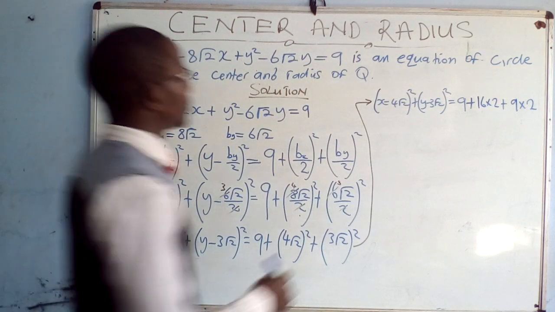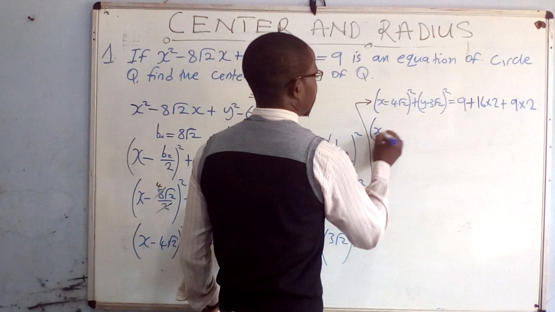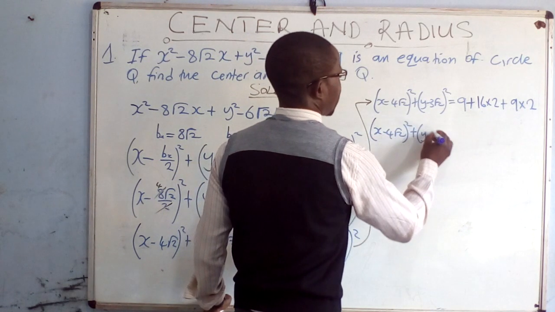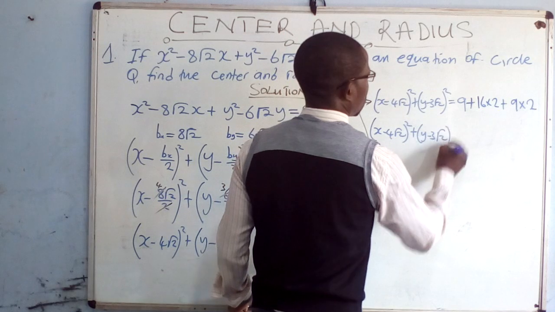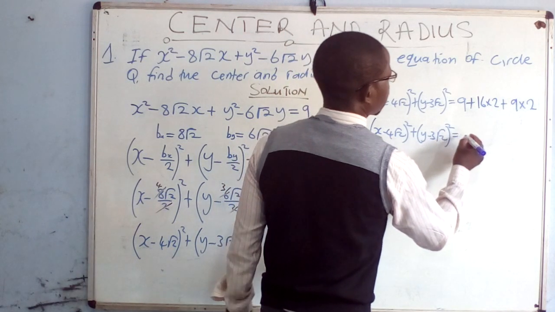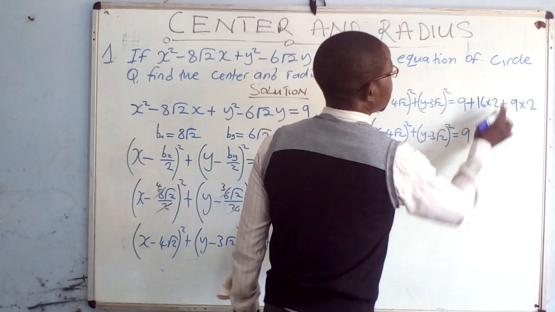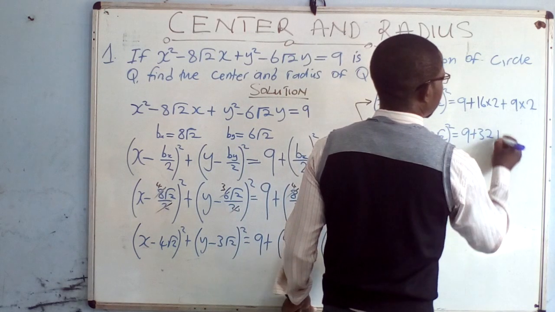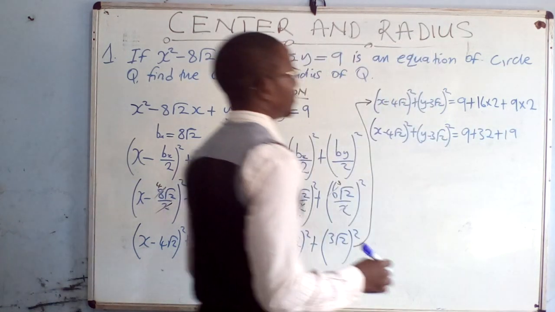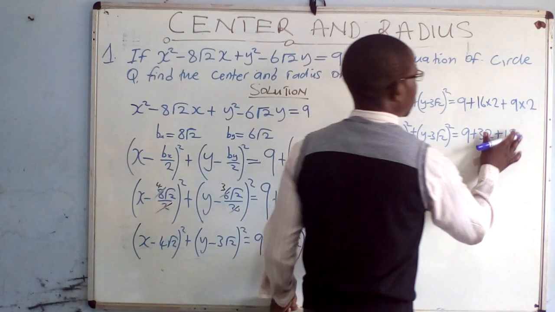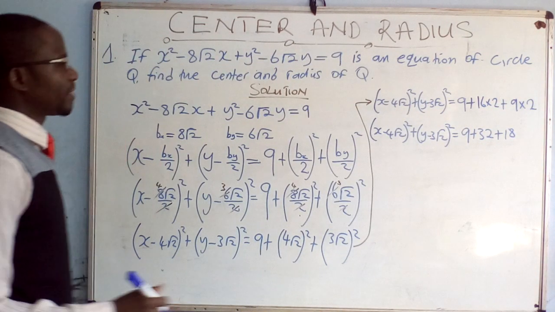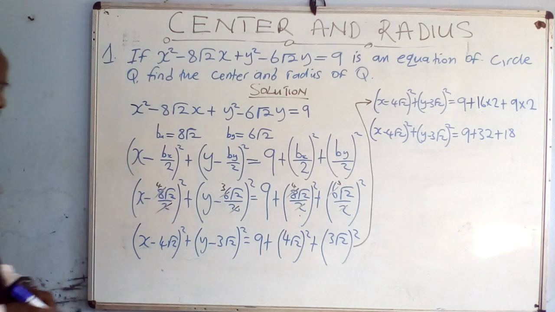Then at that point, we have x minus 4 root 2 to the power 2 plus y minus 3 root 2 to the power 2 equals 9, plus 16 times 2, 32, plus 9 times 2, 18. And then from there, we can do the required additions.